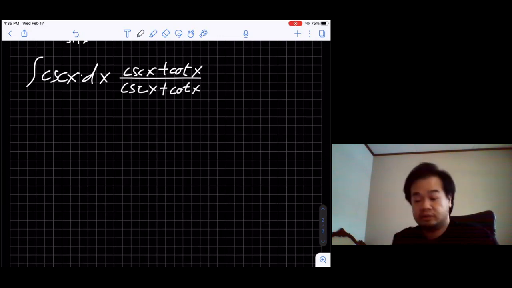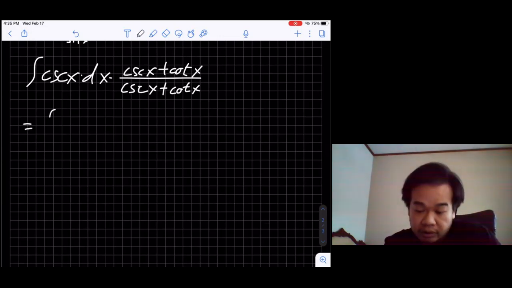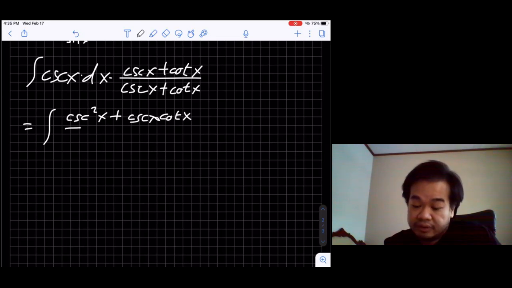And this is 1, right? So you may multiply the expression with 1. Okay? So then after that, the result will be the integral of cosecant square x plus cosecant x cotangent x over cosecant x plus cotangent x dx.